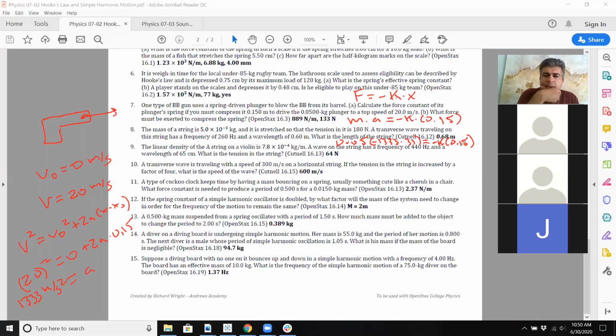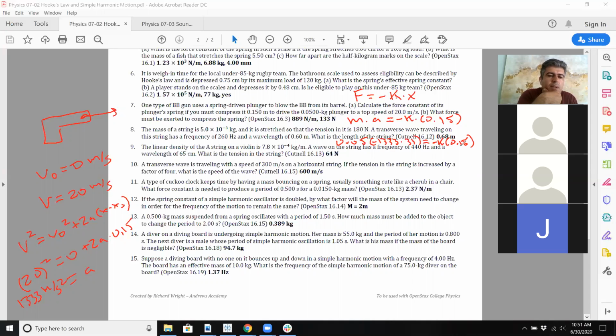Interesting, I'm off by a factor of 2, and I wonder why I'm off. So let me think about this one here. Kx. Not divided by 2?